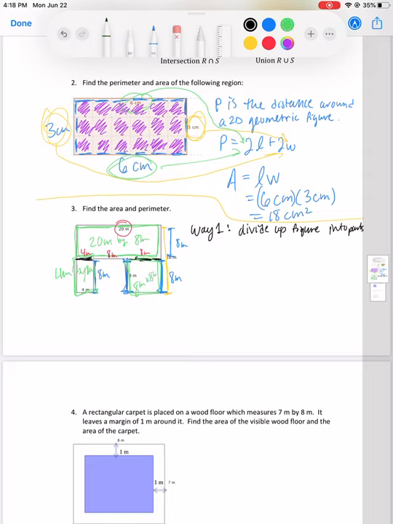Okay, and then all those parts together, we have a 20 meters by 8 meters plus a 4 meters by 8 meters plus an 8 meters by 8 meters.